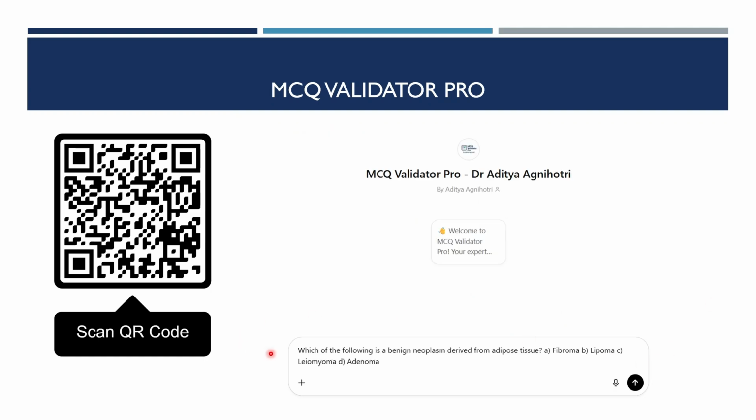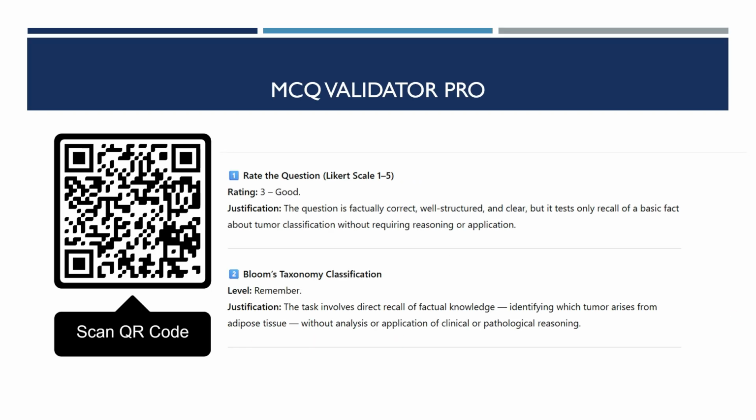Assuming now I've just pasted one simple MCQ, in which, which of the following is a benign neoplasm derived from adipose tissue, with the four possible options, once you paste it, the MCQ Validator Pro will assess the question and rate it. Along with that, it will also classify the MCQ as per the Bloom's taxonomy level. The current question that I shared was a lower order thinking skill and was basically only at the remember level.